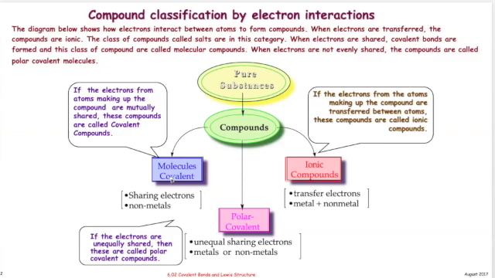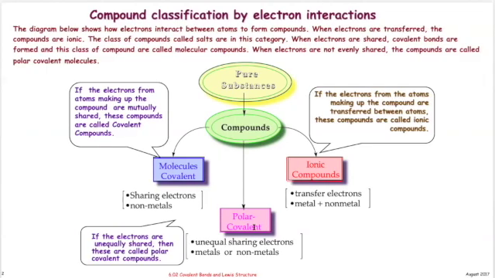Or they are unequally shared, but still shared, in that the electrons are more skewed over to one element versus the other. This is because that other element has a greater attraction for those electrons. This is called polar covalent. We're going to be concentrating on molecular compounds and polar covalent compounds in this discussion.